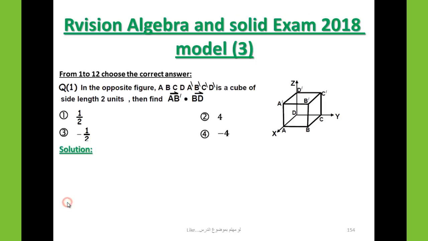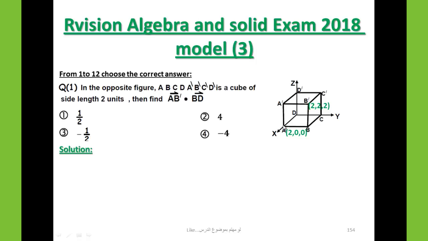Solution. The point B dash equals 2, 2 and 2, as the side length of the cube is 2 units. So B dash is 2, 2, 2 and A is 2, 0, 0.